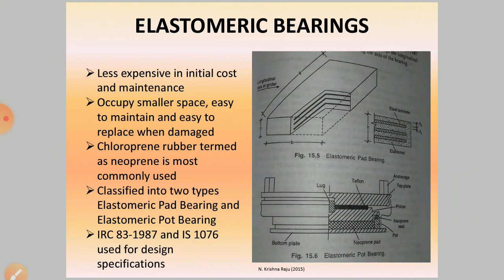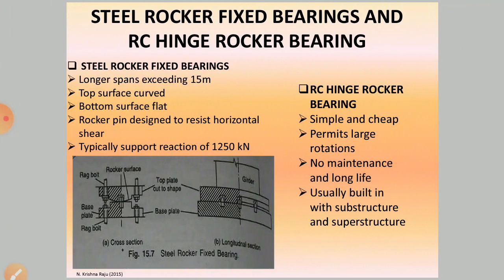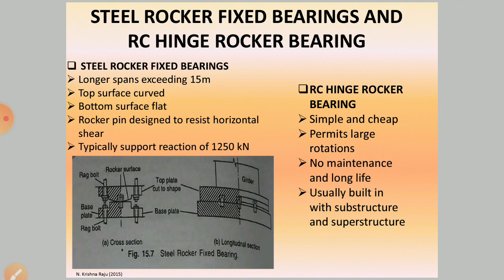Up till now we have seen the expansion type of bearings, which accommodate both rotation and longitudinal movement. Next are the types of fixed bearing: the steel rocker fixed bearing and the RC hinge rocker bearing.